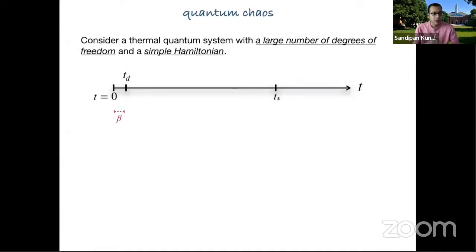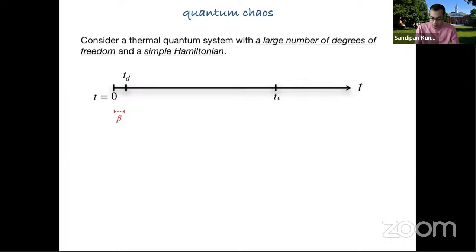Okay, so I'll only consider thermal quantum systems with a large number of degrees of freedom and simple Hamiltonians. If we want to talk about quantum chaos in a sensible way, we need a large number of degrees of freedom, because that's when we can talk about small perturbations. In such systems, there are two timescales that are of importance to us.